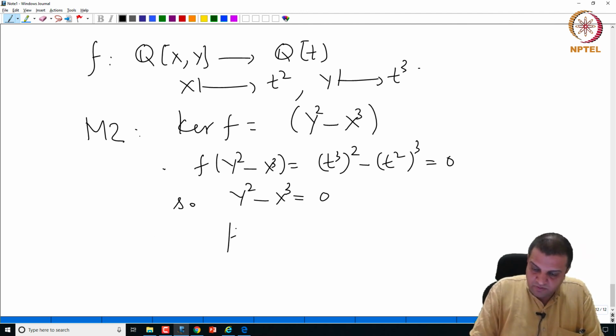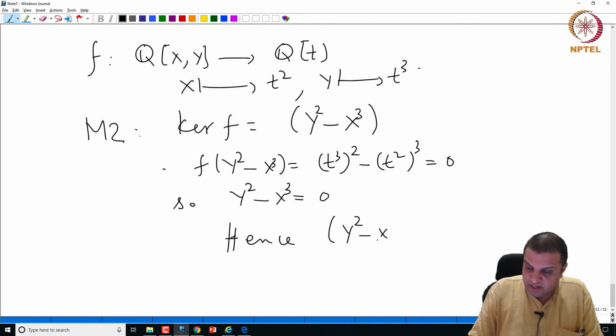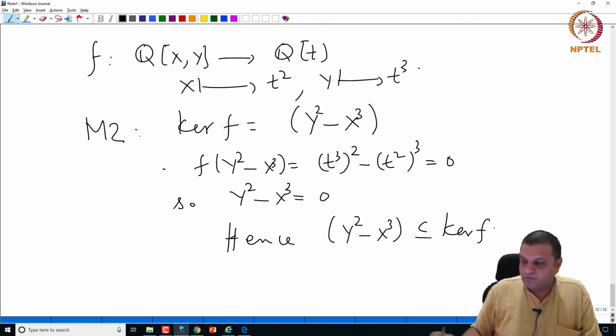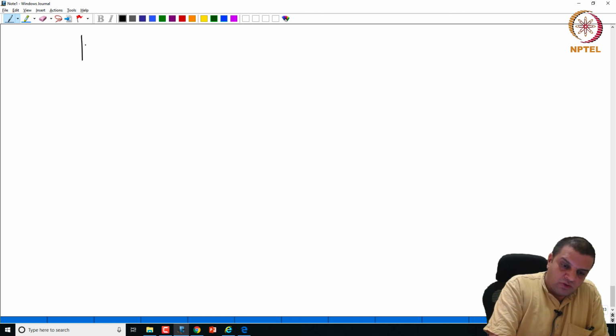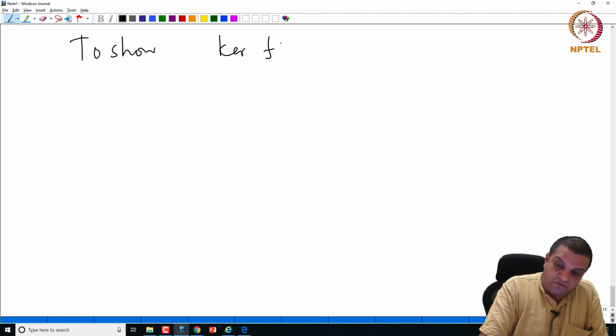Hence the ideal generated by y square minus x cube is in the kernel of f. Okay, so we want to prove the other inclusion, which is that the kernel of f is inside the ideal generated by y square minus x cube.